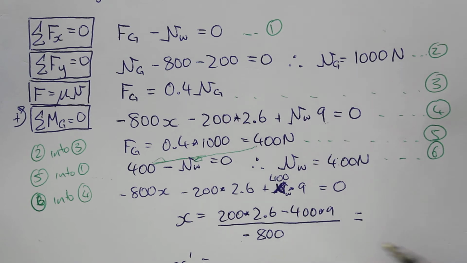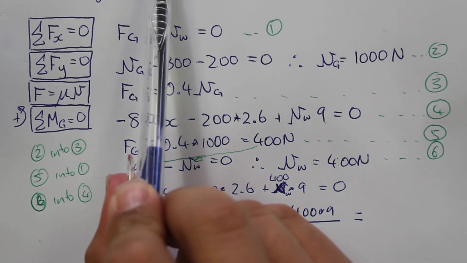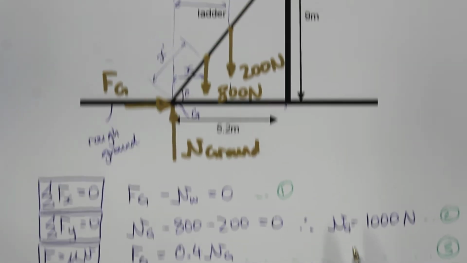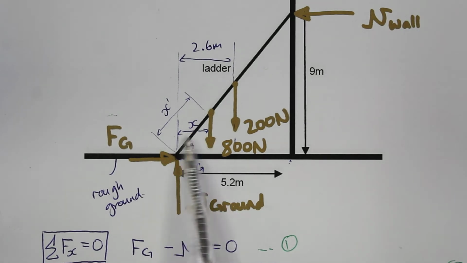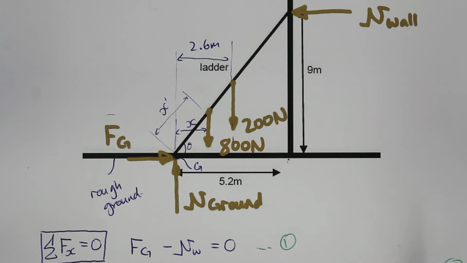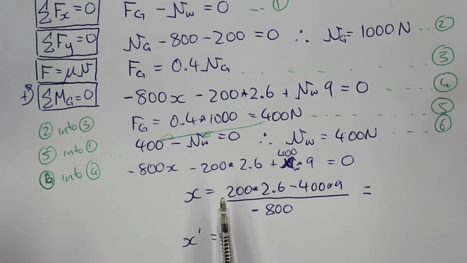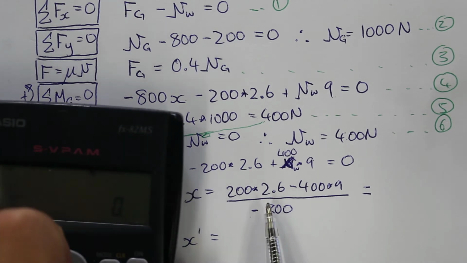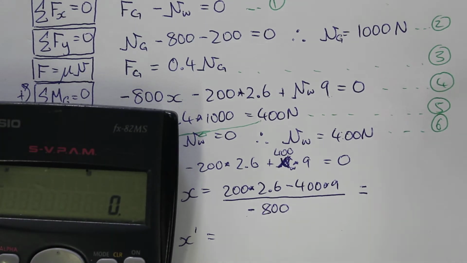We then tried to solve the system of equations by substituting and using simultaneous equations methods, and we have come to a point where we've calculated the value of x, the distance along the ladder in the x direction that the person has moved. So next step, we can place our values for how far x is from the left hand side into a calculator.